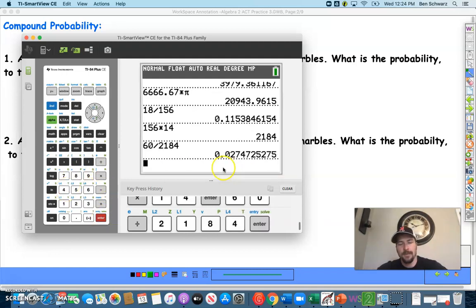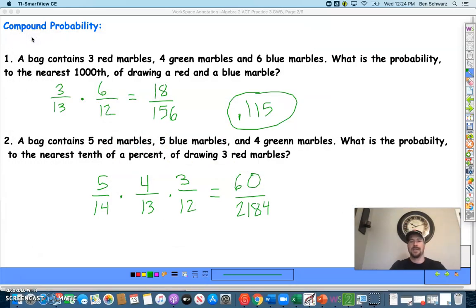As a decimal, we get 0.0274725 and so on. For our percent, we move the decimal place over twice. So it's about 2, and it's a tenth of a percent, so that would just be 1 decimal. So we'd have 2.7% would be the probability.